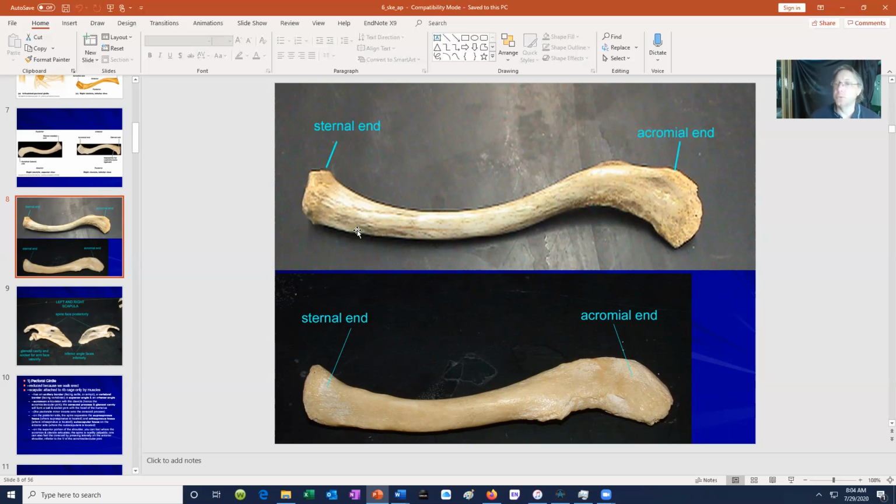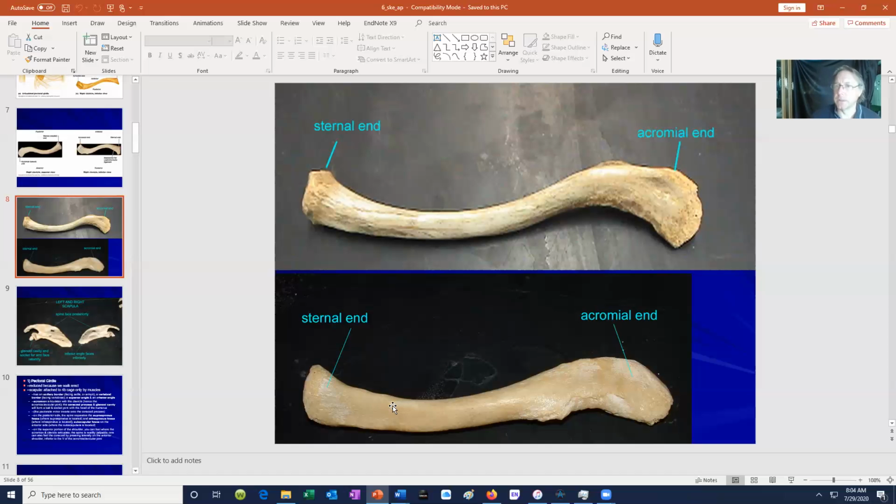You can use these bones within reason to help you get some of the right answers. So for example, if you were required to know the difference between the acromial end and the sternal end of the clavicle, and you don't know, and there's a clavicle in front of you, what do you do? You cheat.